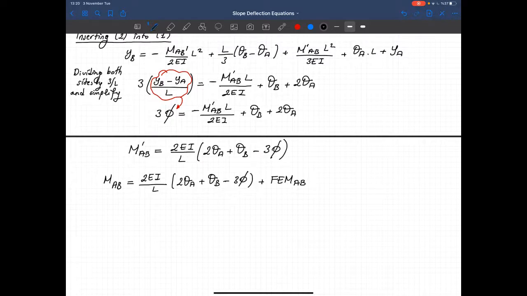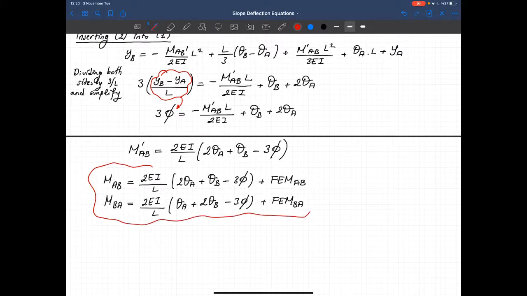You can do the same thing for BA. I will not repeat the same thing over and over again. I'll just write you the result: 2EI over L times theta A plus 2 theta B minus 3 phi plus fixed end moment BA. And we call these equations the slope deflection equations.